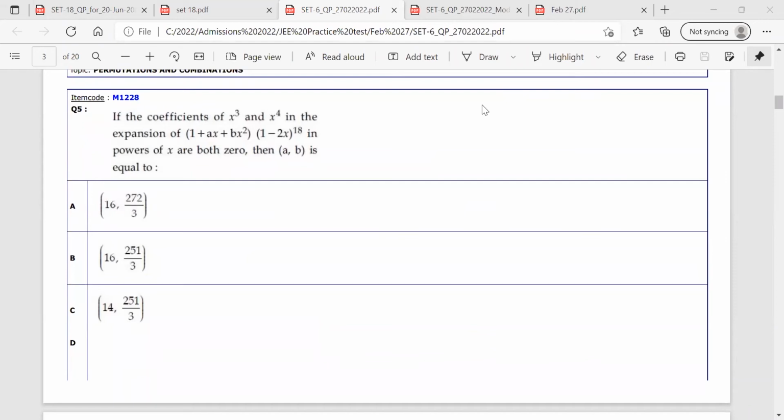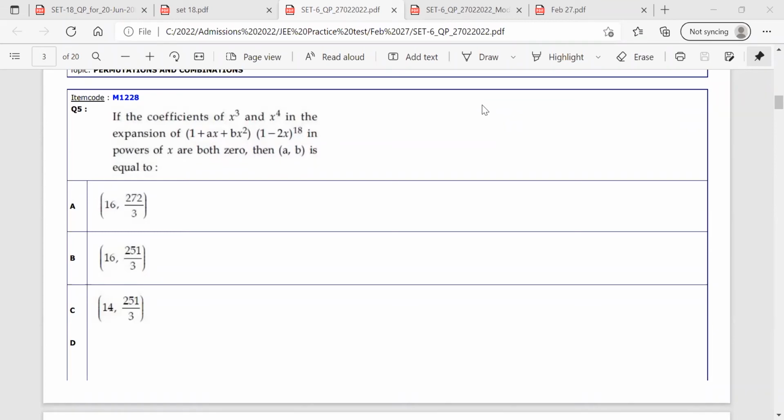Okay, so now quickly we'll move on to question number 5. If the coefficients of x cube and x raised to 4 in the expansion of (1 plus ax plus bx square)(1 minus 2x) whole raised to 18 in the powers of x are both 0, then AB is equal to. So here they have given me an expansion.